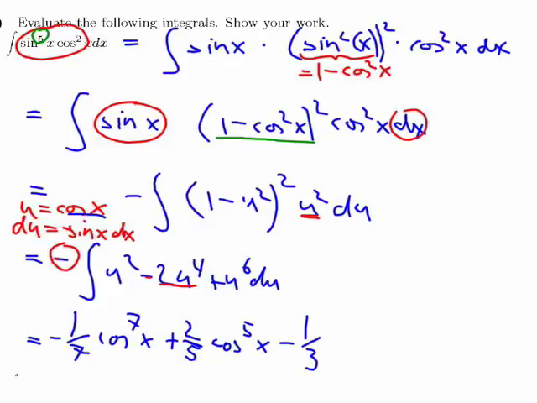Finally, minus u squared, antiderivative gives us minus 1 over 3 u cubed. u is cosine of x, so we get cosine of x cubed plus c.